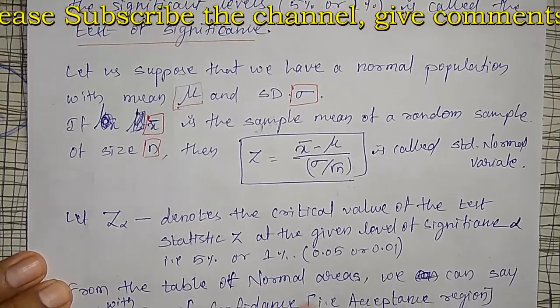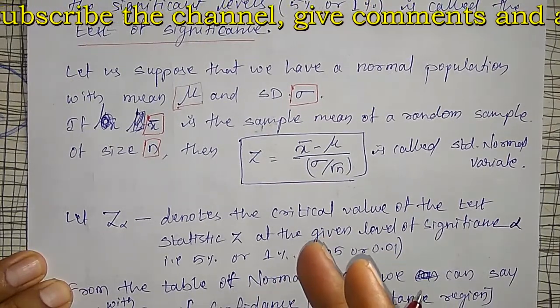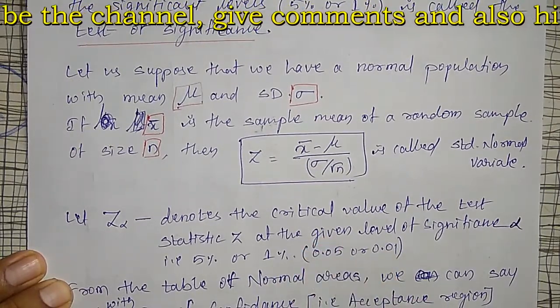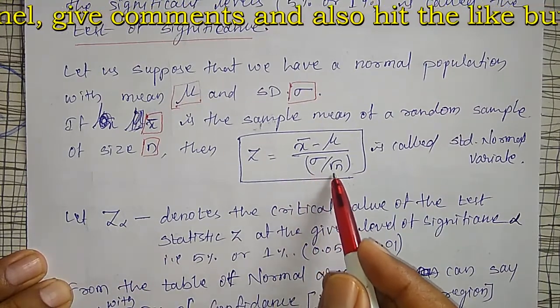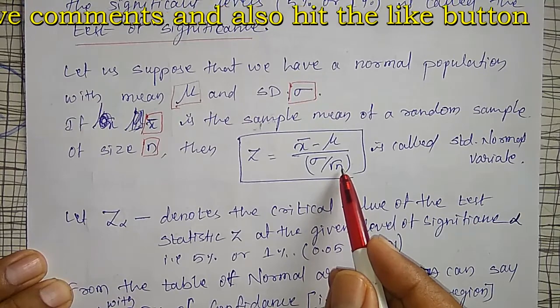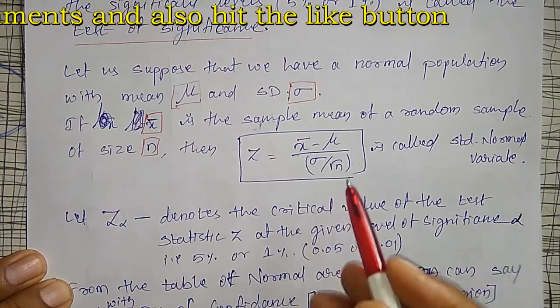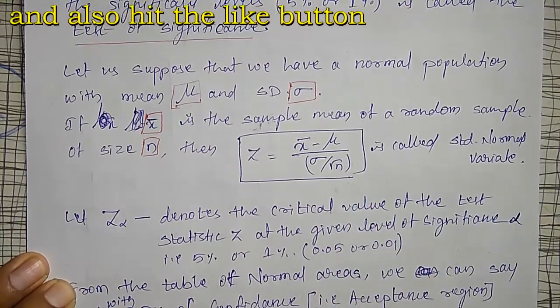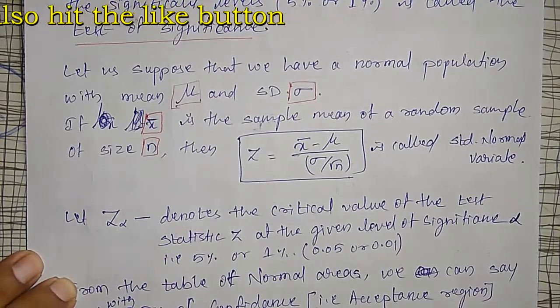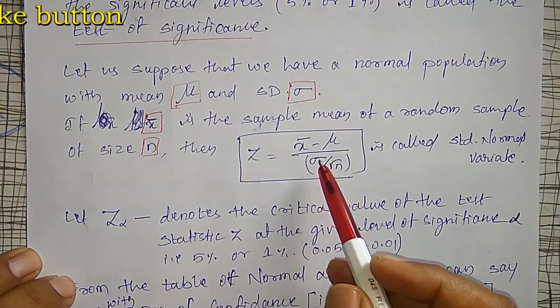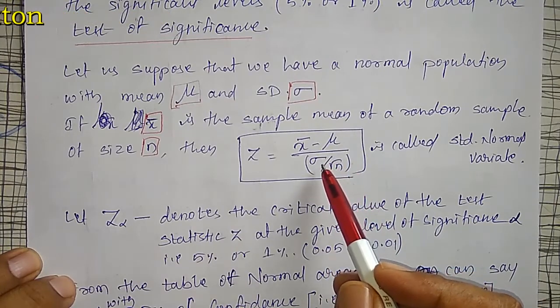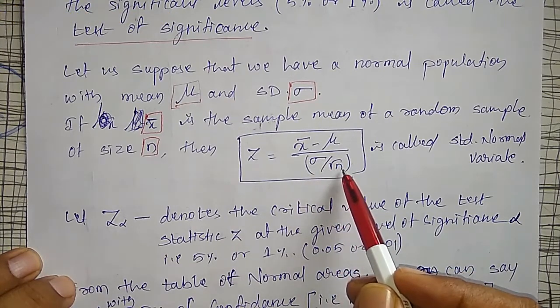Then our sample standard deviation will become sigma divided by square root of n. We know that relation already; in the first video on sampling I explained it, with replacement, without replacement and all those things. There I got that the standard deviation of the sample is sigma divided by square root of n.